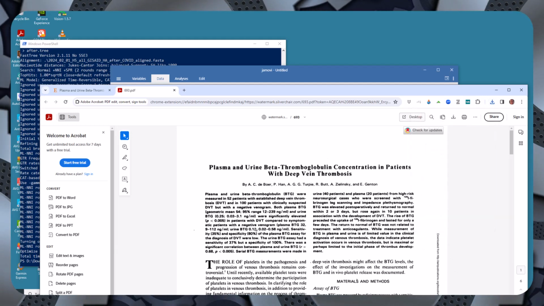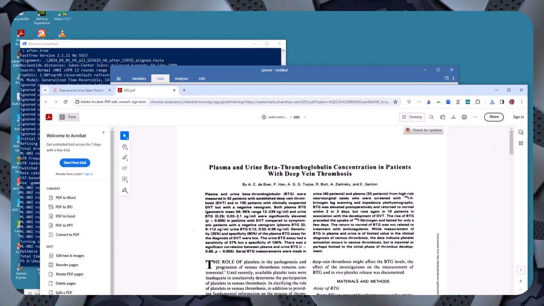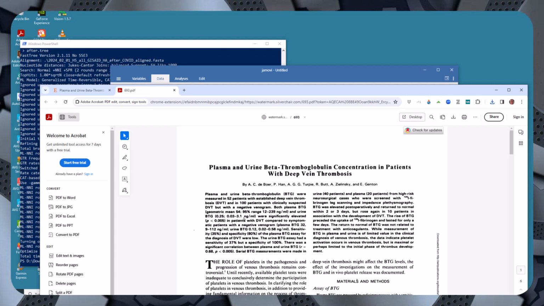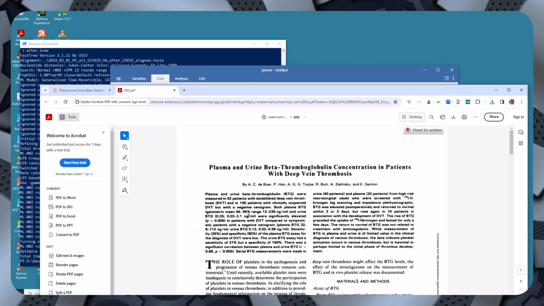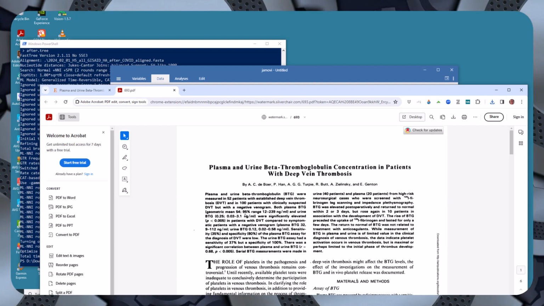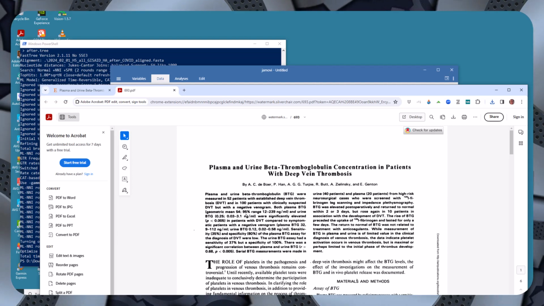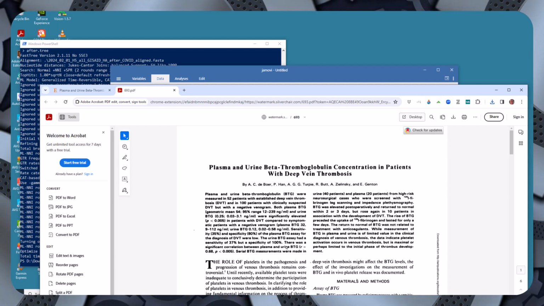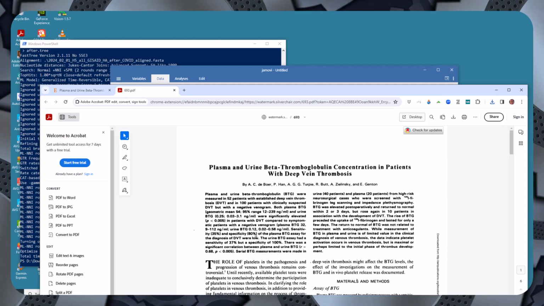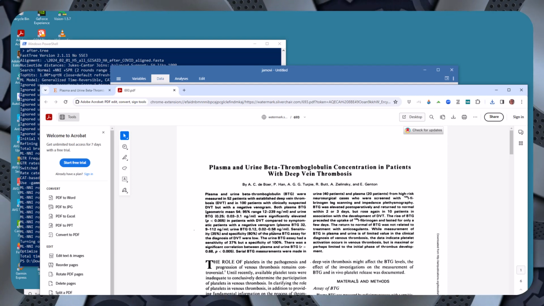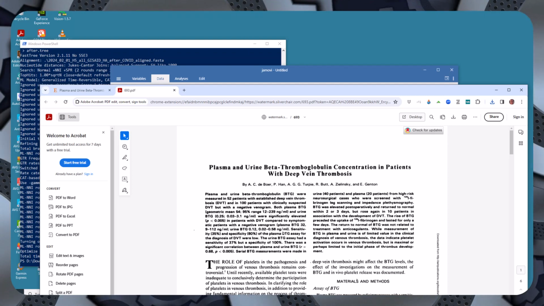So measurements. So it's nanograms per litre. Both plasma BTG and geometric mean. Oh, they used a geometric mean. Very interesting. Wonder why they did that. Sensitivity is that urine BTG was between this and 58 nanograms per litre.